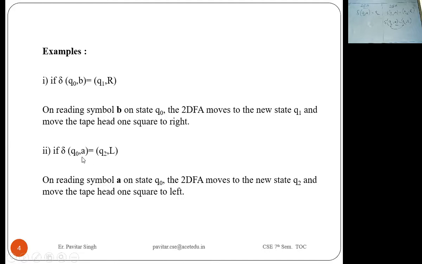Similarly, if delta Q naught comma A is equal to Q2 comma L, it means that on reading symbol small a, when you are in state Q naught, the 2DFA moves to the new state Q2 and moves the tape head 1 square to the left. So these are the examples which belong to 2DFA.